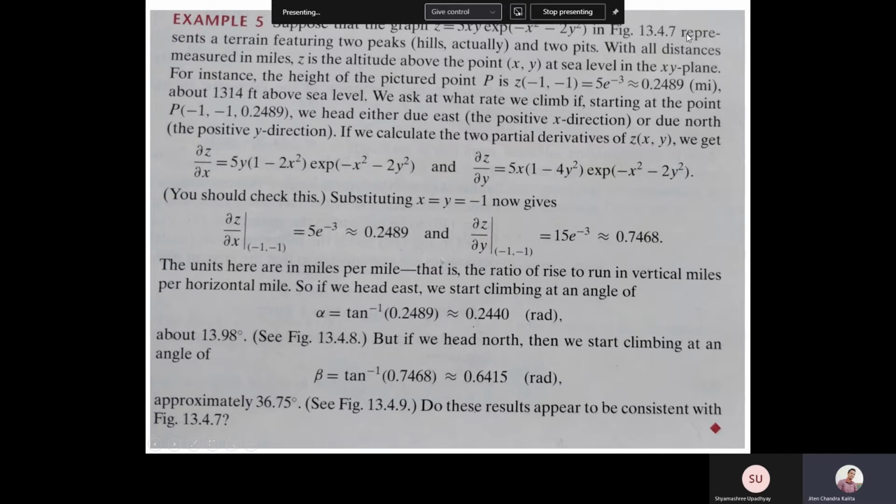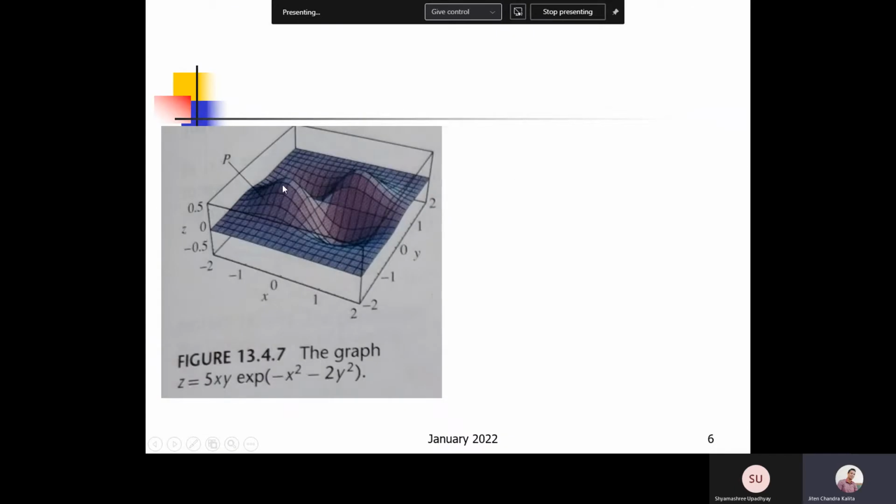This is the mountain which comes out as the graph of the function defined by this.